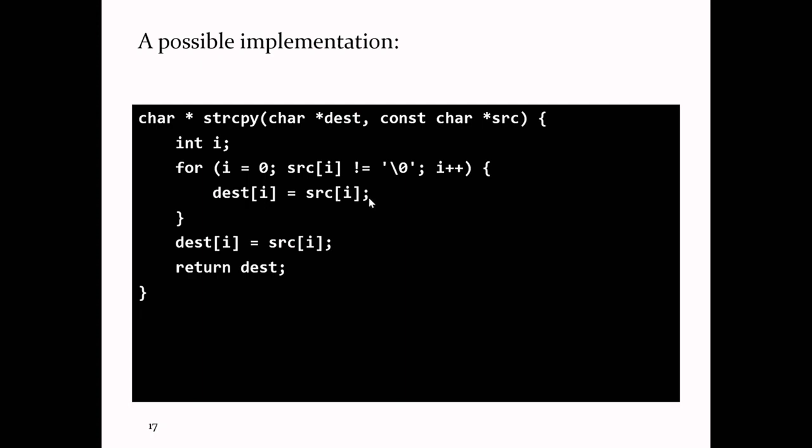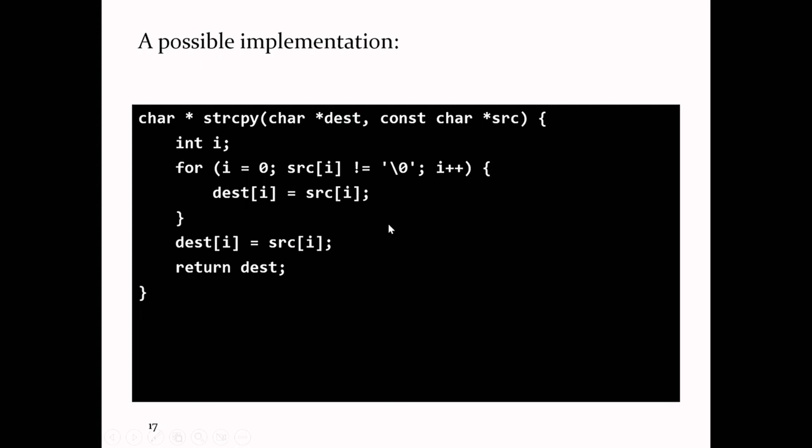So we're not going to copy the null terminator in the loop. Then as the last step, make sure that the null terminator gets copied into the destination. And then for some reason this function always returns a pointer to dest, so now return dest. So that's the quote unquote obvious way of implementing this.